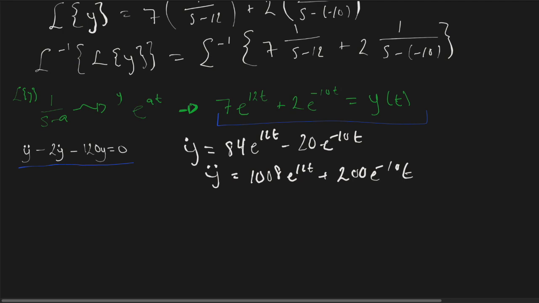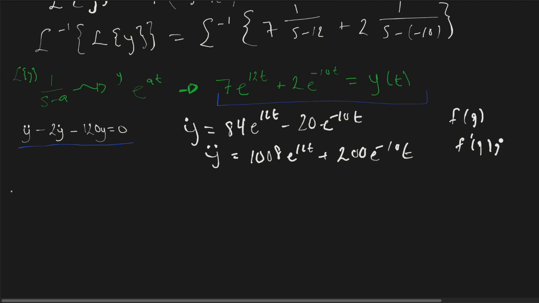And that comes from the chain rule from Calc 1, where you have f of g, and then you take f prime of g times g prime. We're going to do 1008 e to the 12t plus 200 e to the minus 10t.